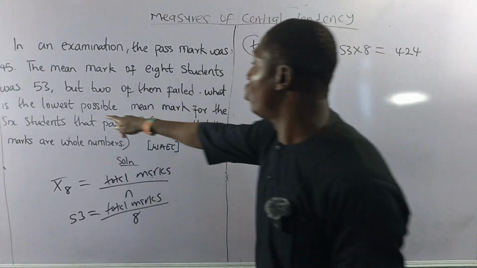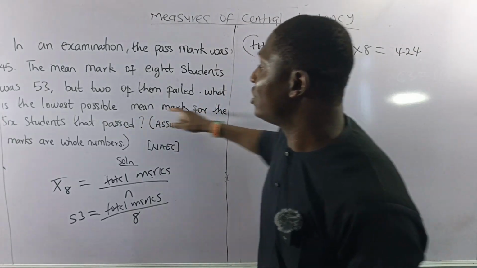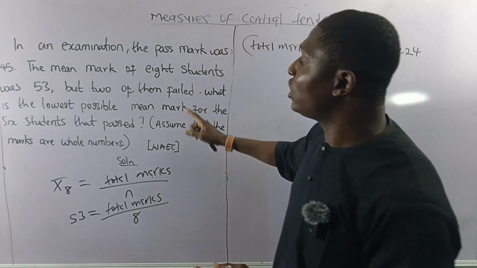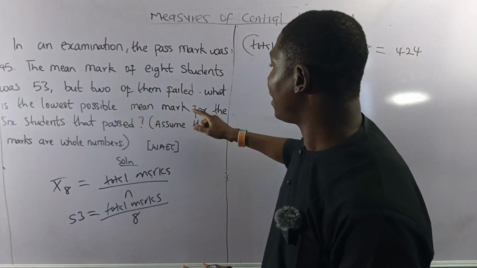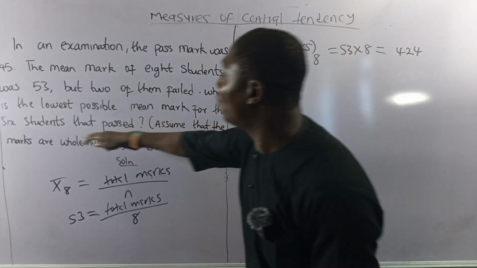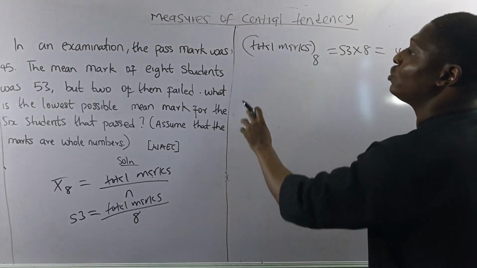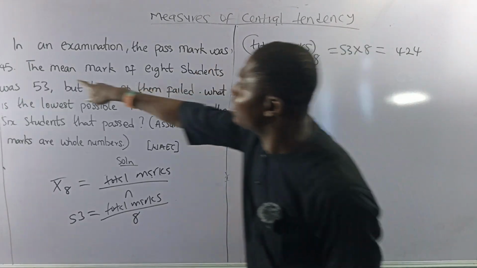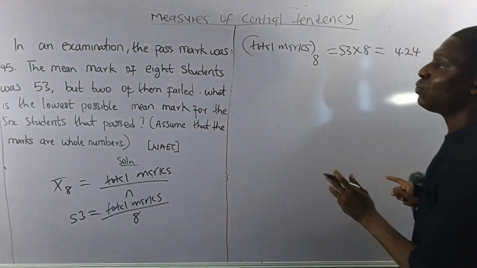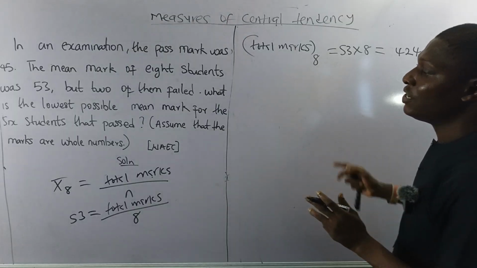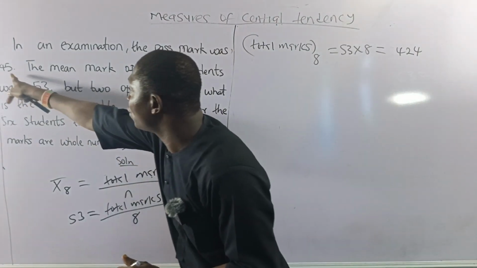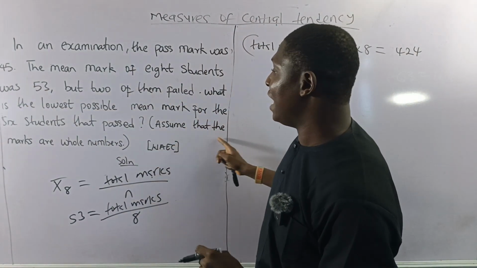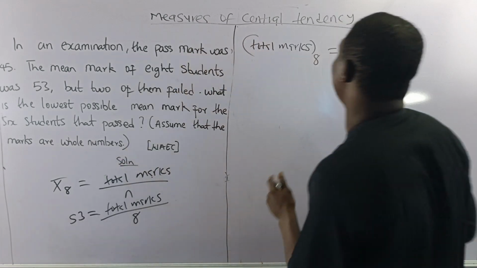For us to know the lowest possible mean mark for the 6 students that passed, we must know the highest possible mark for the 2 students that failed. The pass mark is 45, so the highest possible mark obtained by a student that failed will be 44, since the marks are whole numbers.